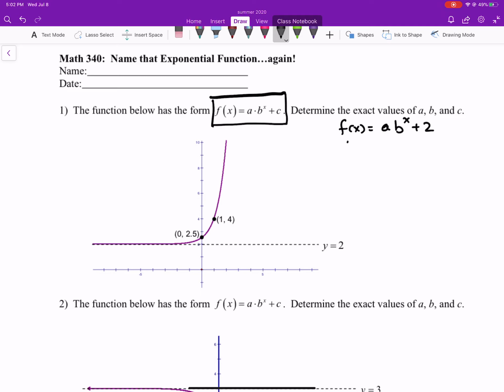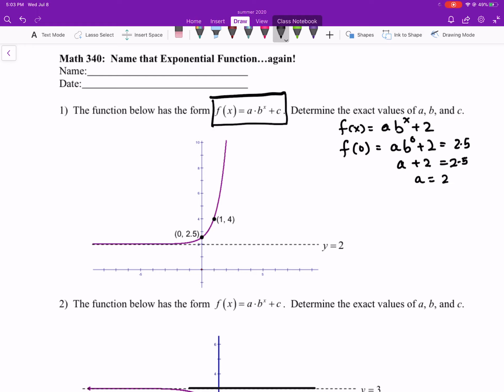So I have f of 0 is equal to ab to the 0 plus 2 is equal to 2.5. So I get a plus 2 is equal to 2.5.